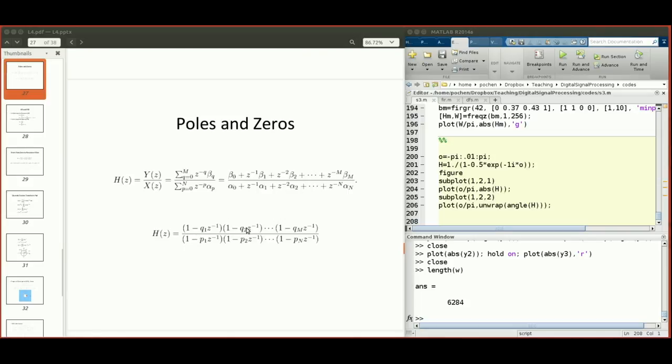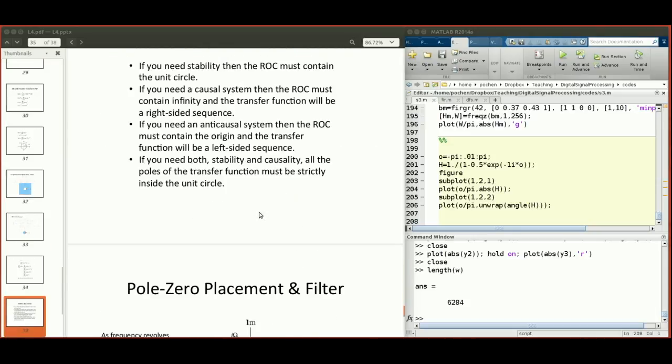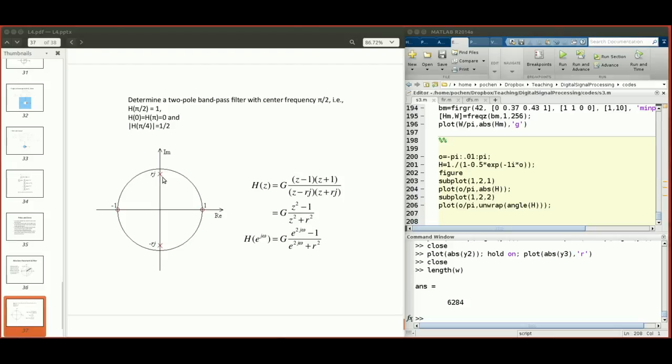So if you have a pole at this location, then there must be another pole at the conjugate location, which is here. If you have a pole or zero lying on the real line, its conjugate is also on the real line, so you don't have to worry about pairs, because it's a real root. But for complex roots with non-zero imaginary parts, you have to be careful about placing them in pairs. If you have a root here, then there must be another root here.